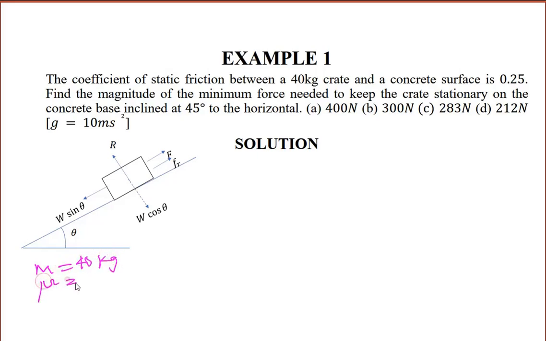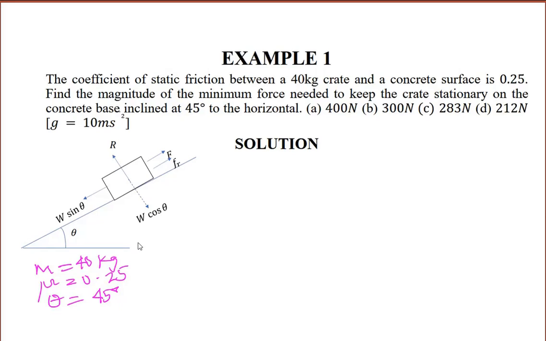Coefficient of friction is 0.25. Angle of inclination is 45 degrees. So now in this case, the body tends to move down the inclined plane.